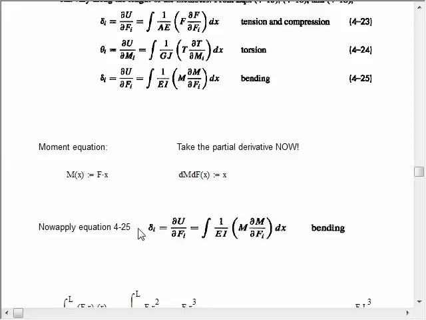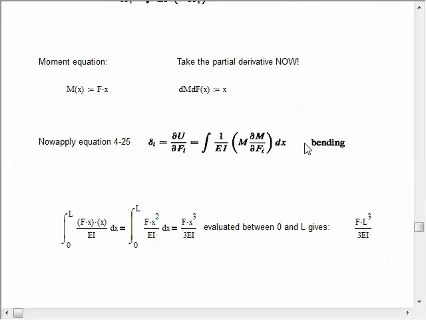And now we're going to apply this form of our deflection equation that includes the bending term only. And so this is going to be an integral from 0 to L of the moment, which is Fx, multiplied by the partial of the moment with respect to F, which is x.